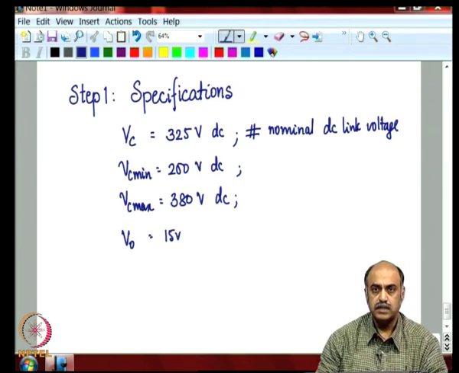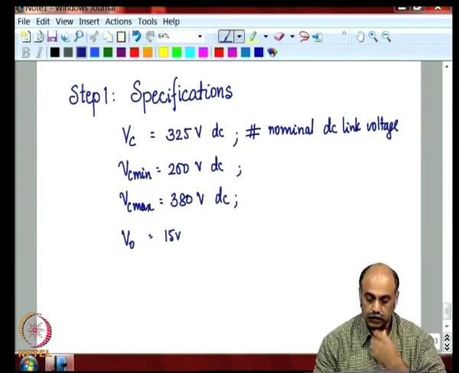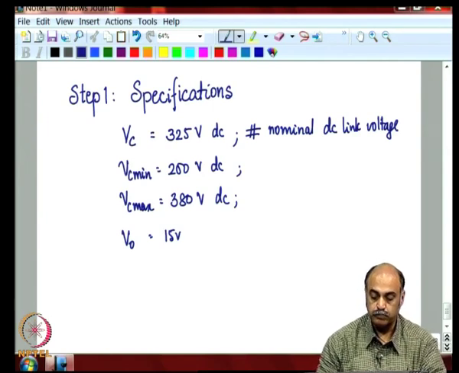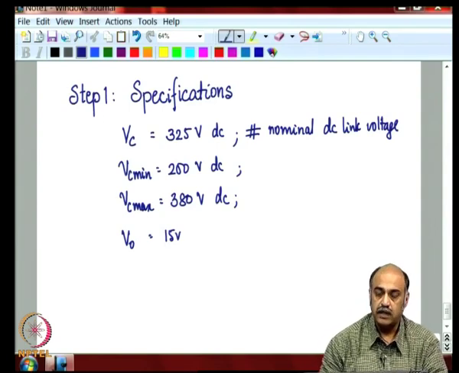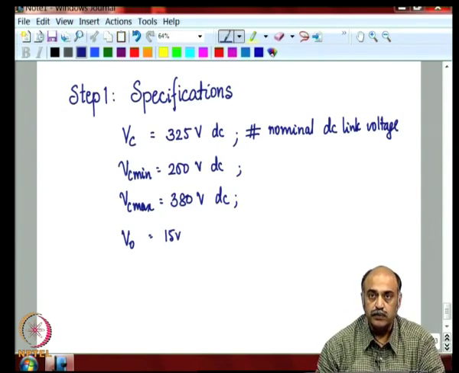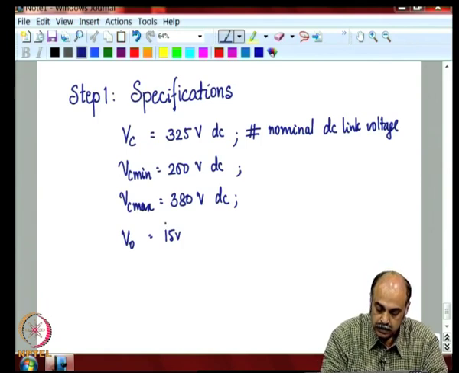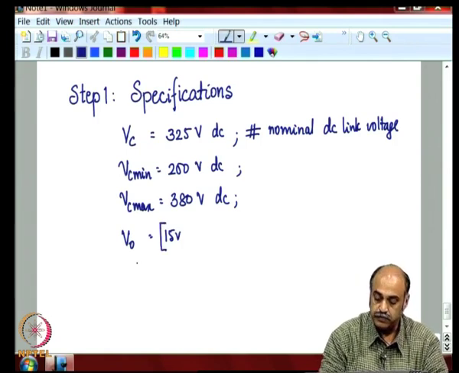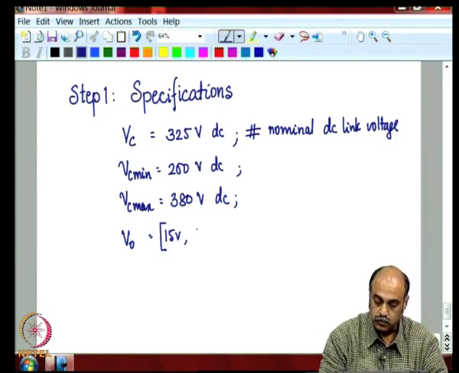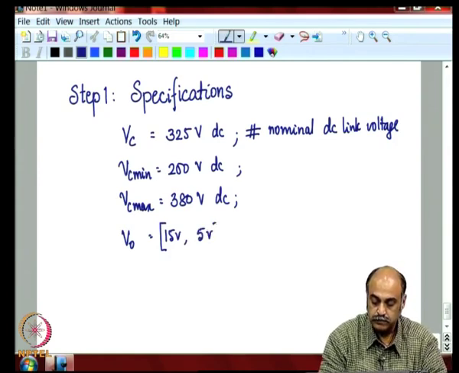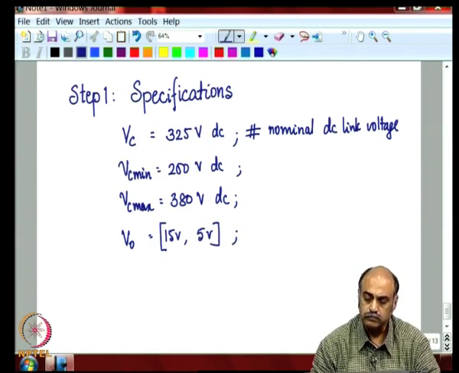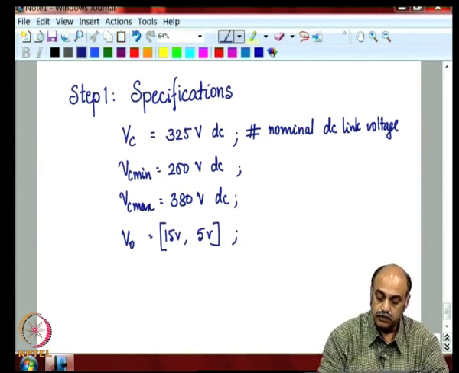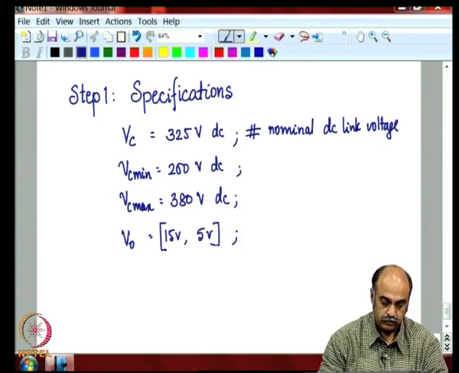Now, if it was just one single winding transformer, we would have put V naught as one single scalar value, but if it is a multiple winding transformer, it is better to use vector values, and let us say we need plus 15 volts, and then you also need 5 volts. Use it as vector.